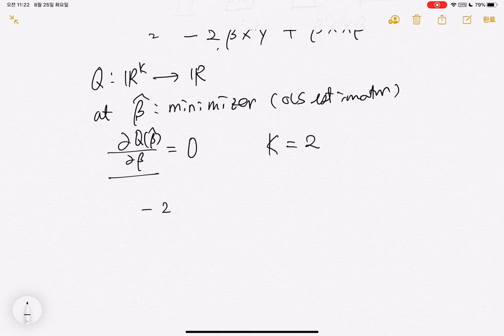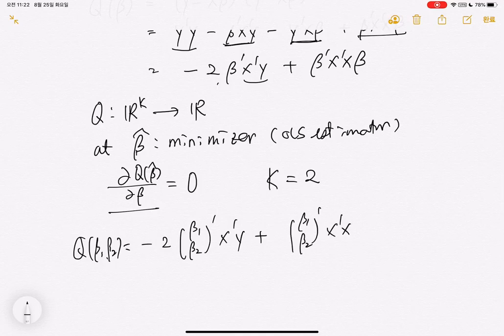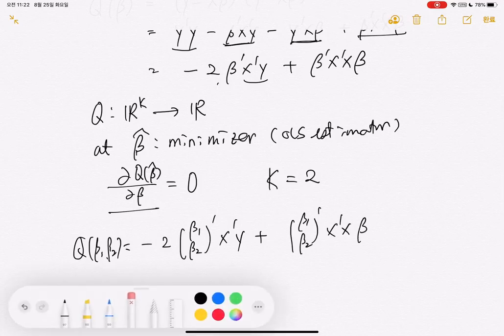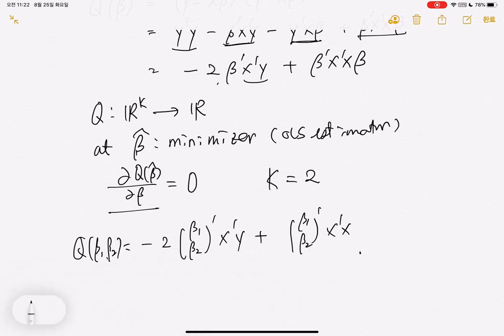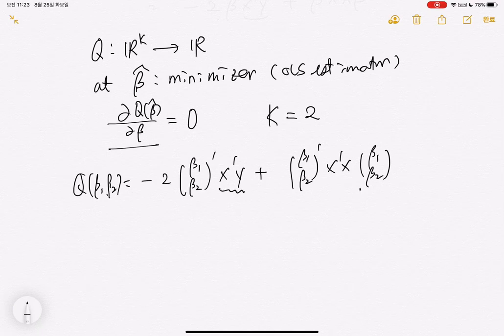Q of beta 1 beta 2 is minus 2 beta 1 beta 2 prime x prime y plus beta 1 beta 2 prime x prime x beta, where x prime y is k by 1 dimension, and x prime x is k by k dimension.